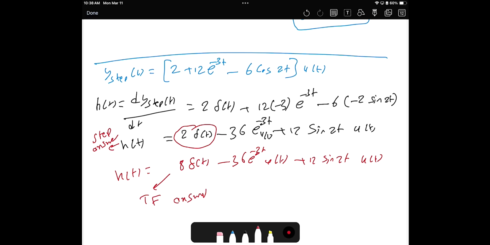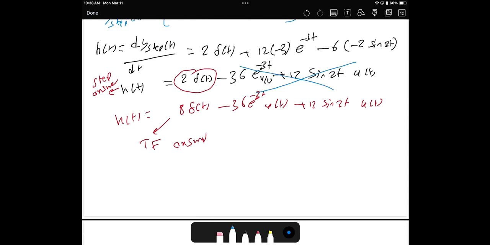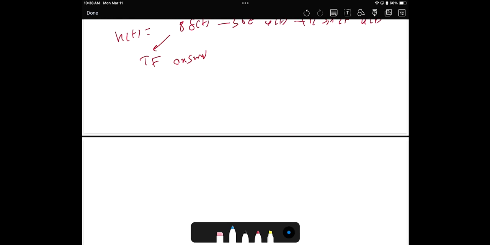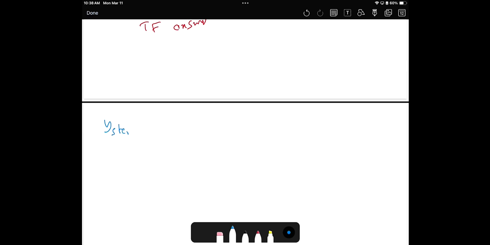Perfect. Excellent. So when I did the derivative, this is wrong. Why? Because the derivative of a product is different. I'm going to redo the derivative. Here, y step is given as 2 plus 12 e to the negative 3t times u of t, minus 6 cosine 2t times u of t.